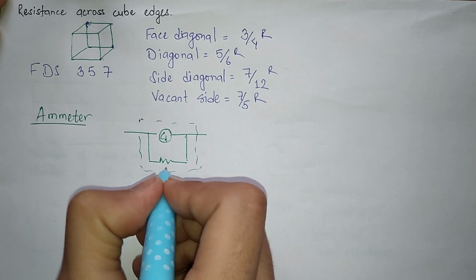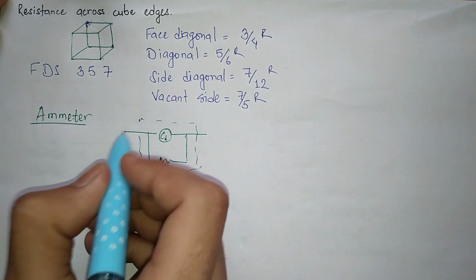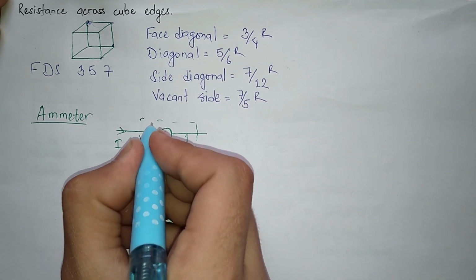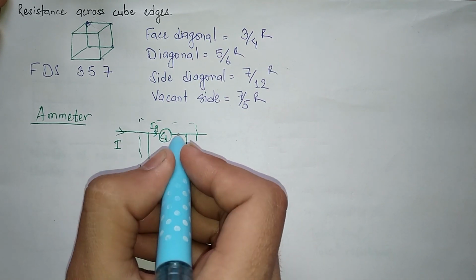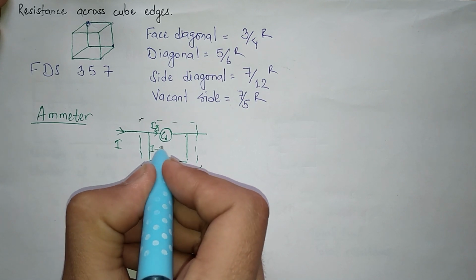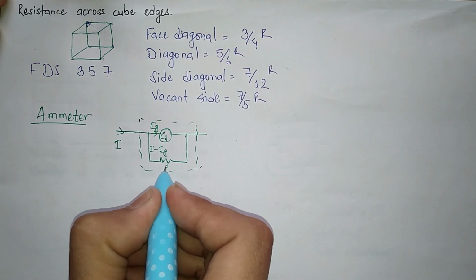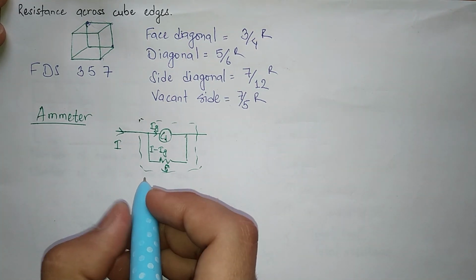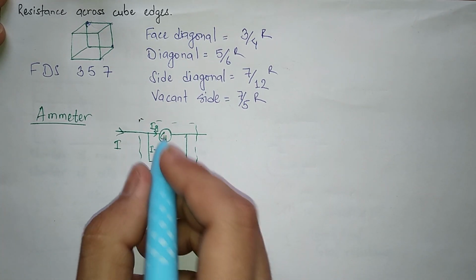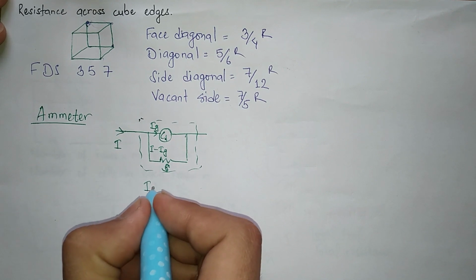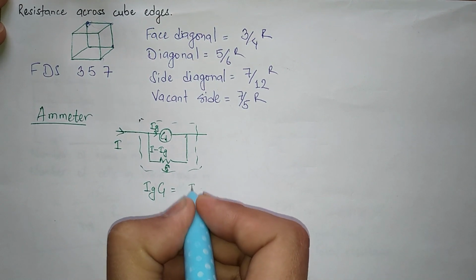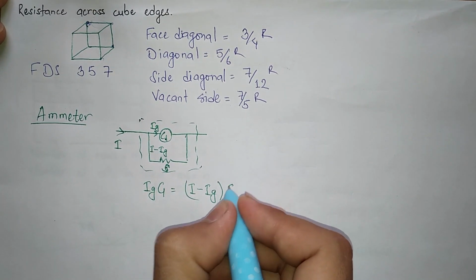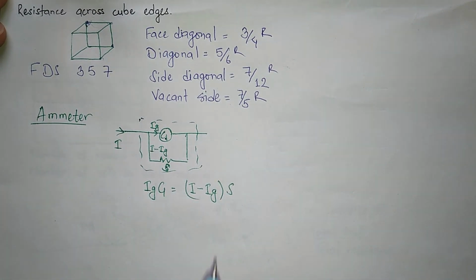This one is the galvanometer, this one is the resistance. When current I passes through here, Ig current passes through the galvanometer, and I minus Ig passes through the resistance S. When this and this are in parallel, the voltage will be equal. Ig into G is equal to I minus Ig into S. This is the required expression for the ammeter.